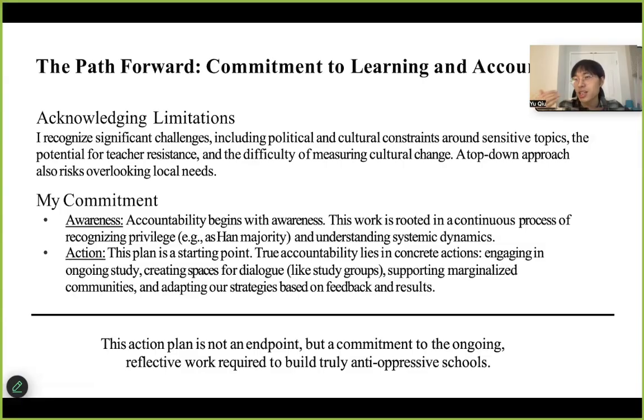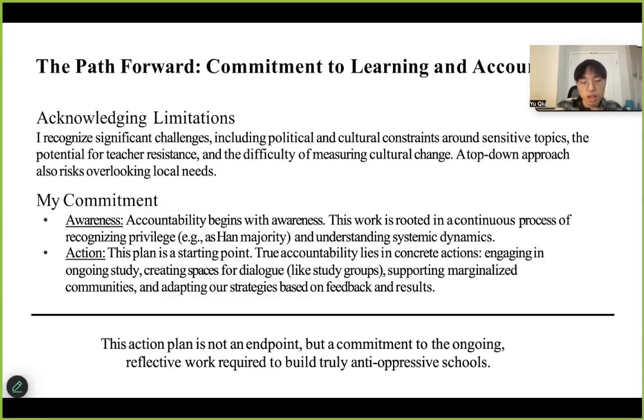Even when I try to challenge my old way of thinking, I still find myself relying on a centralized mindset. Another limitation is insufficient attention to parent and community pushback. Parents may object to lessons on gender stereotypes, LGBT topics, or changes to the dress code, especially in conservative regions.